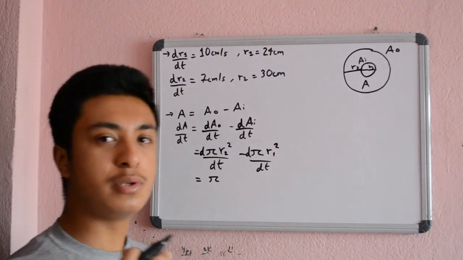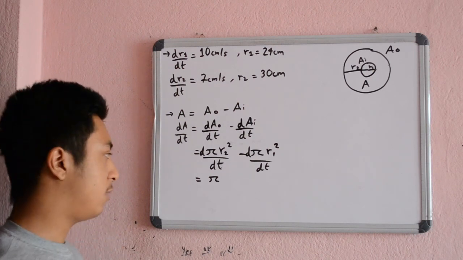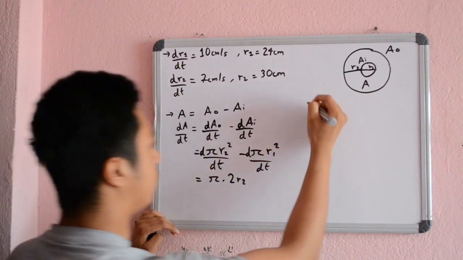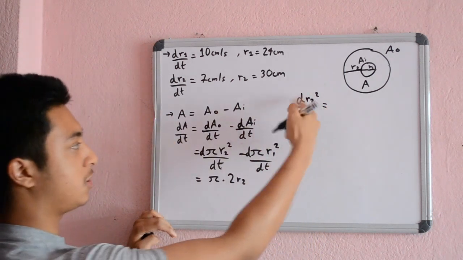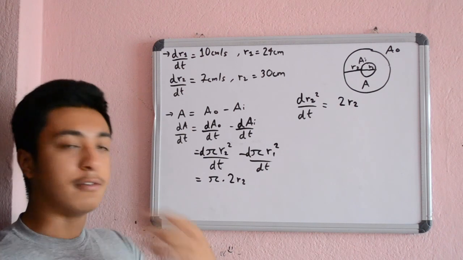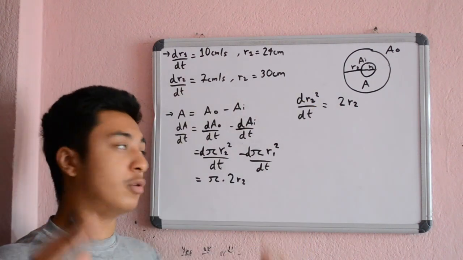Well, it's kind of like doing the derivative of x squared, which is just 2x, right? So it's just 2r2. This is just the power rule, put the power down, 2r2. But we're not finished yet, because here we're differentiating with respect to time, not radius.